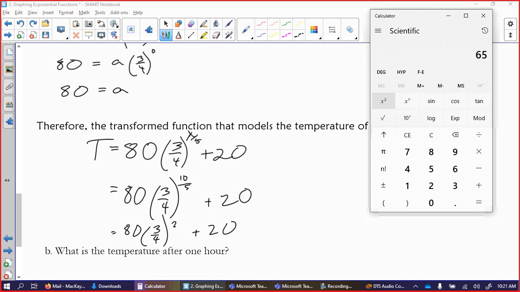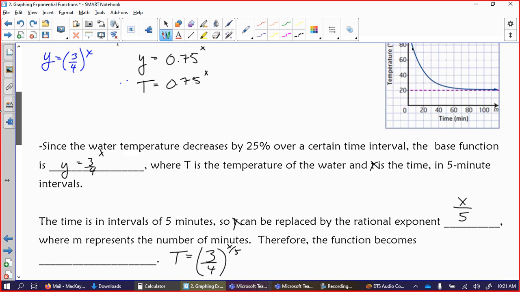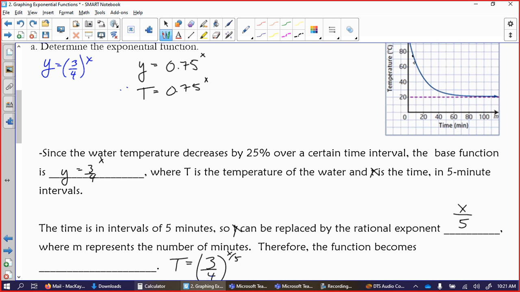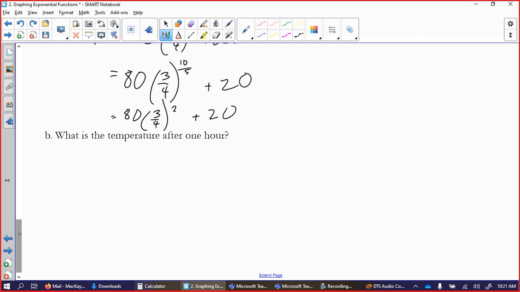Now, what did I get there? 60. Oh yeah, 10 minutes is 65. So yeah, we're okay. Temperature after an hour.